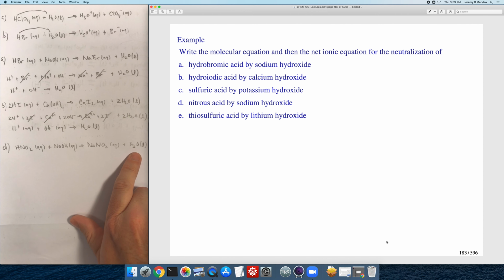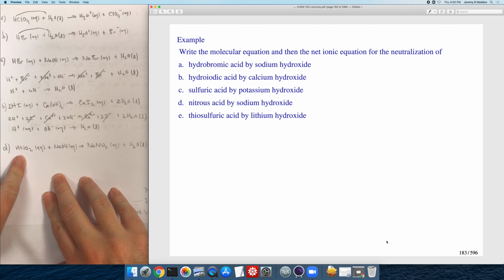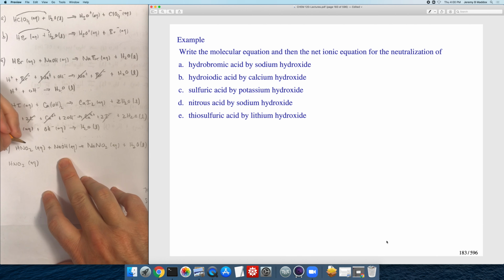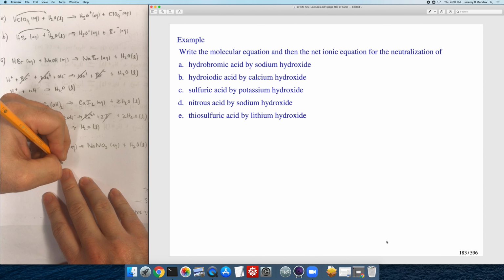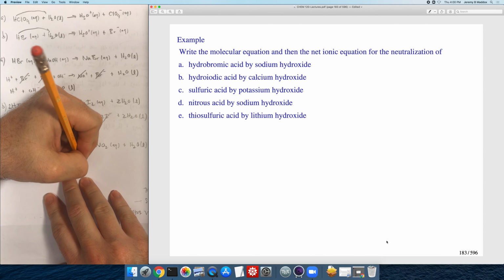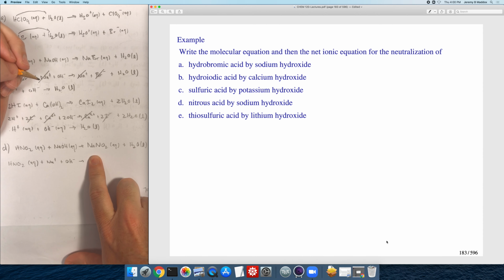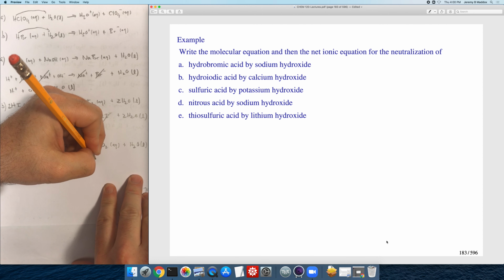The total ionic equation is a little bit different here because nitrous acid is a weak acid, so we don't break it up into ions. We leave it in its molecular form. Sodium hydroxide, however, is strong, so we'll break that one up. The sodium nitrite is a strong electrolyte, so it gets broken up.